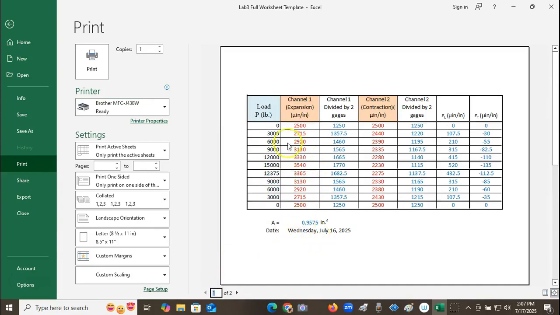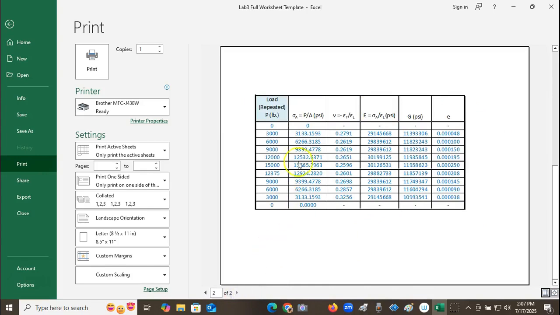The first page has the load, channel 1, channel 2, that's the raw data, the original data. And I have the necessary strains here. And then on page 2, I've got the load again, and then the stress, Poisson's ratio, Young's modulus, shear modulus, dilatation. So this is what I would call a very professional looking table.